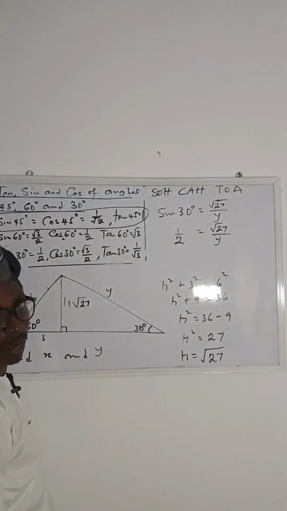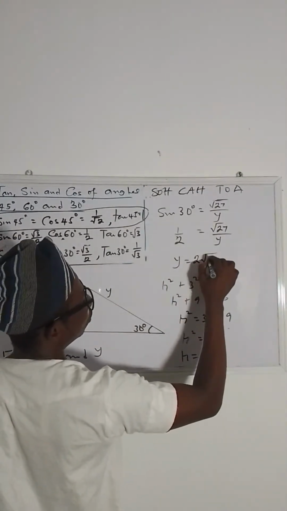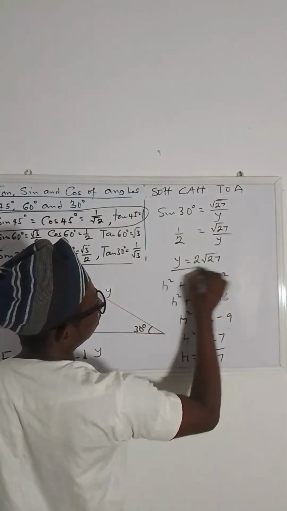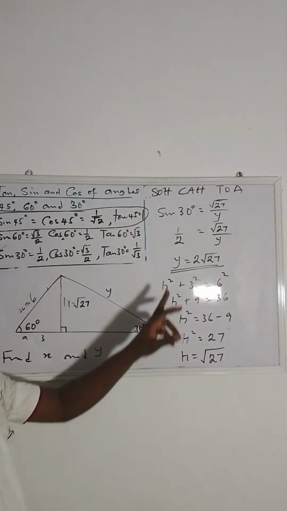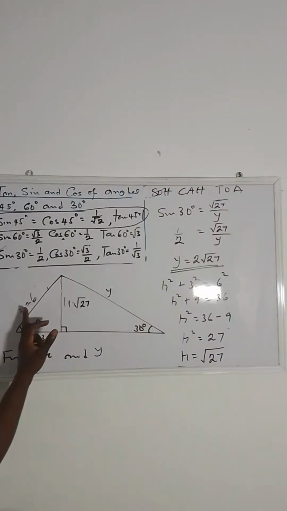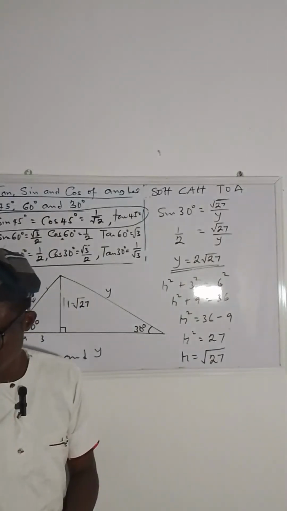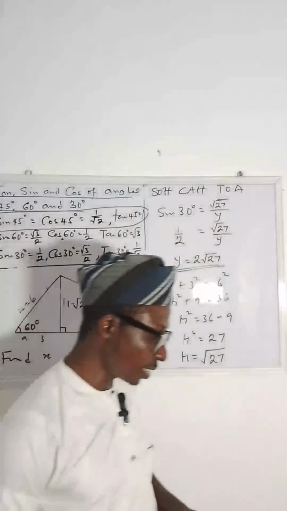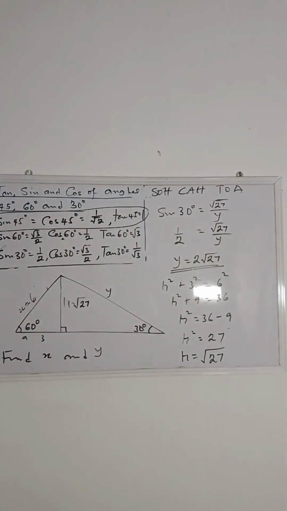You can cross multiply, so you have y equals 2 square root of 27. This is the value of y. So x is 6, y is 2 square root of 27. I want to believe we all understand that, right?